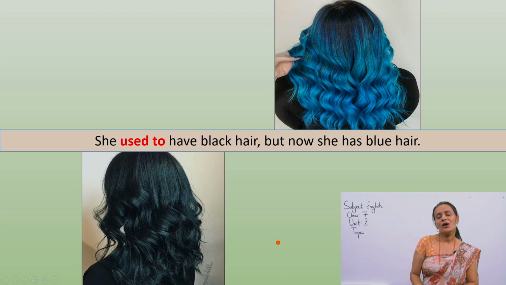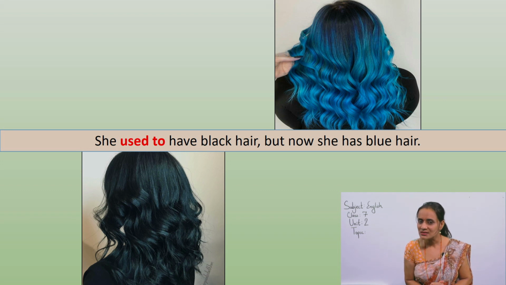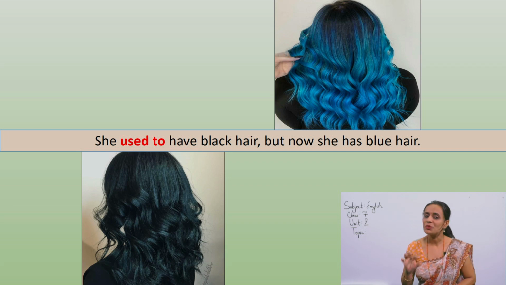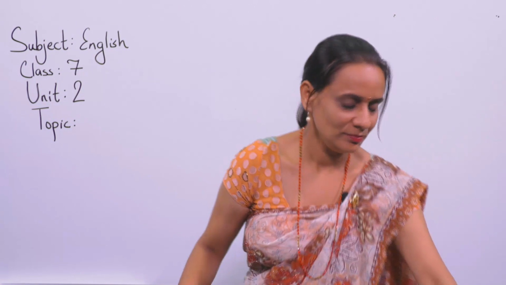Okay. Now my dear students, I think you have guessed our today's topic. What is it? Can you tell? Can you guess? Okay, today's topic is how and where to use used to or habitual past. I'm going to write the topic now.